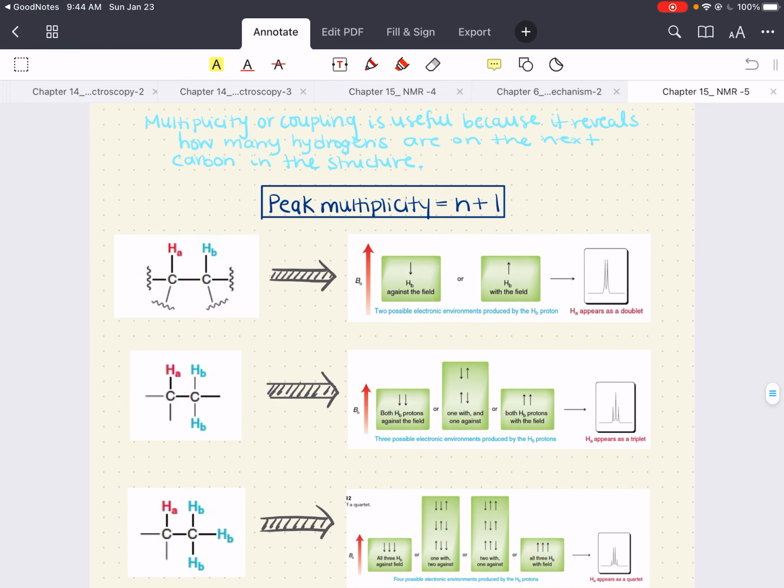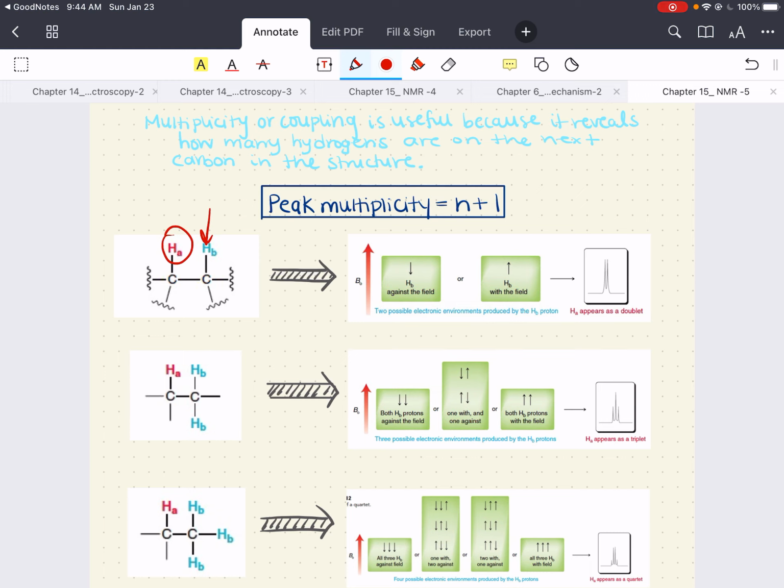All right, if HA and HB are not equivalent to each other, they will both produce different signals. So let's focus on the signal produced by HA, this one right here. In some molecules, HB will be aligned with the field, while in other molecules, HB will be aligned against the field.